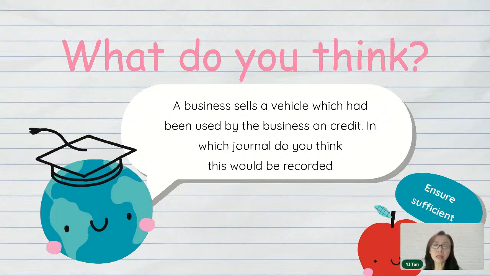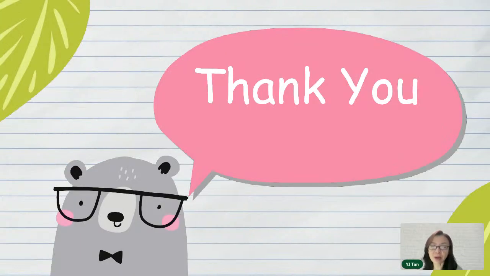This transaction is about my asset, which is a vehicle, and about a trade receivable, which is like my asset as well. Originally the vehicle is an asset, on the debit side, and now if I sell the vehicle, it will be on the credit side. So there is a double entry in the asset account, which has nothing to do with the sales journal and sales ledger. I hope this makes it very clear to you, and thank you very much, and I see you in the next video.